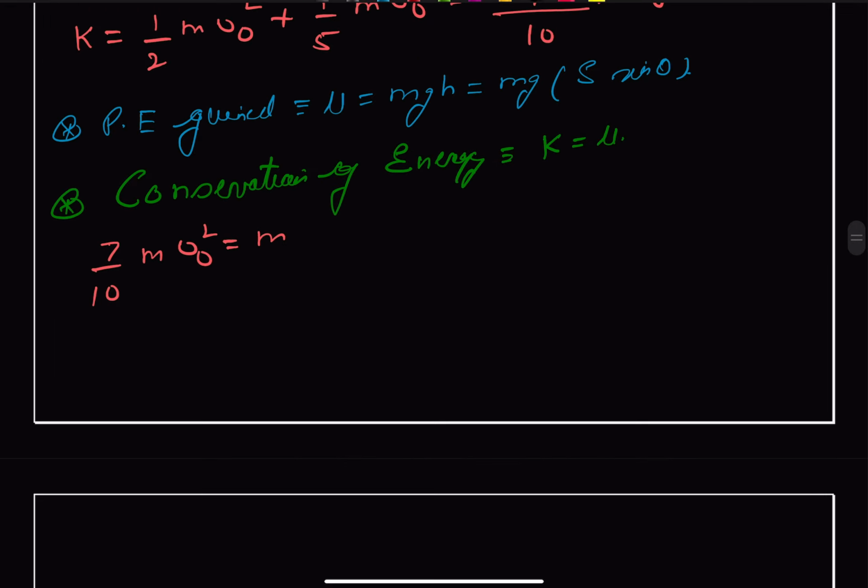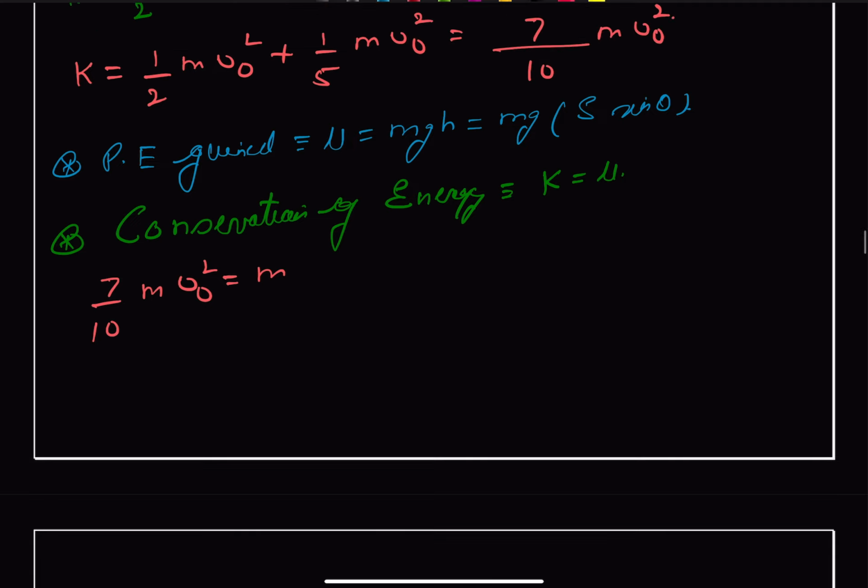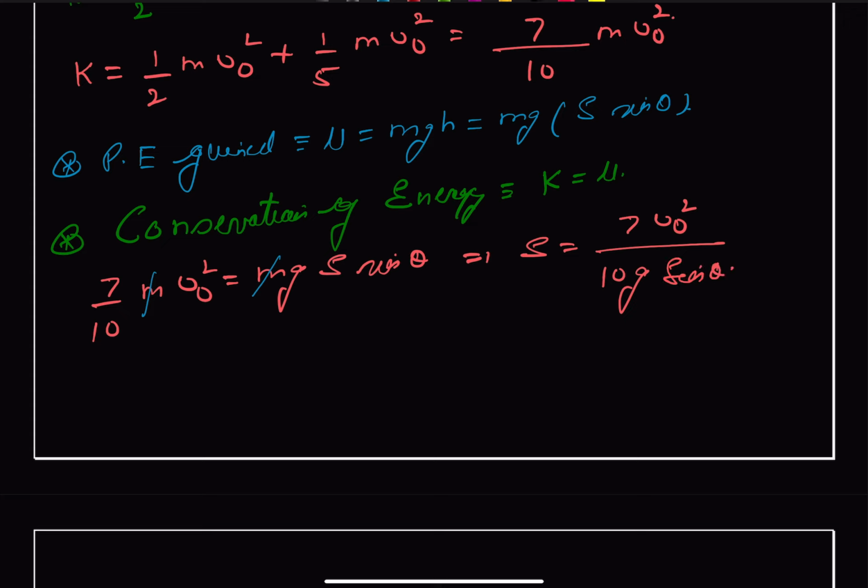So s will be equal to, here m and m cancel out, 7 V naught square upon 10 g sine of theta.